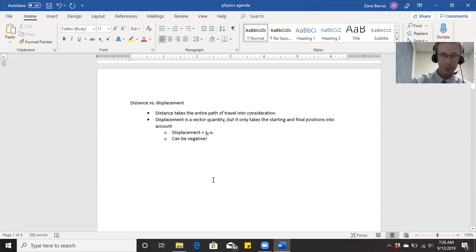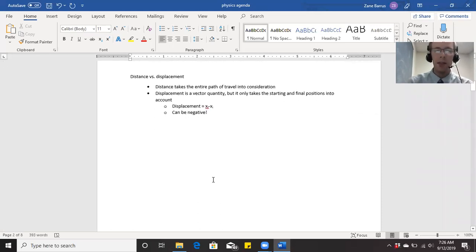Okay, going on. So on this note of vectors versus scalars, we just said that distance is a scalar measurement. Okay, now in physics you're going to learn about a word called displacement, which is kind of like distance. So I want to talk about the difference between distance and displacement with a little bit of an object lesson, okay?